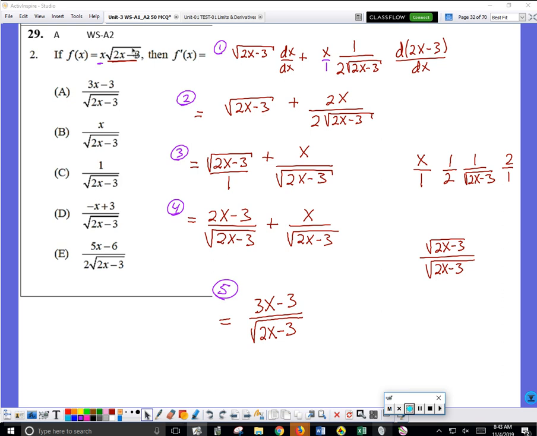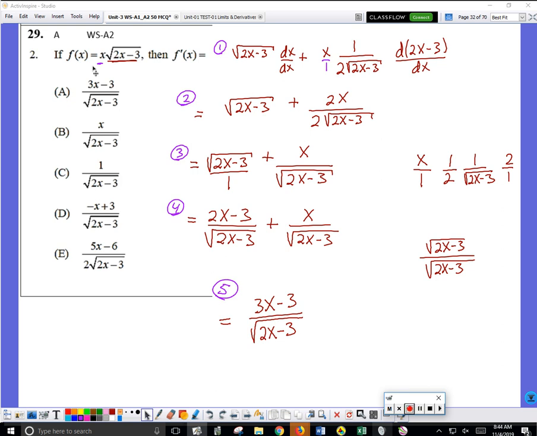It's not ln, it's not e. It's not a number to an exponent, so it's not exponential. It's not square root because the x is in the way. But if you tried to use the square root rule, you'd be ignoring the x. If you're ignoring something when you use a rule, wrong rule.